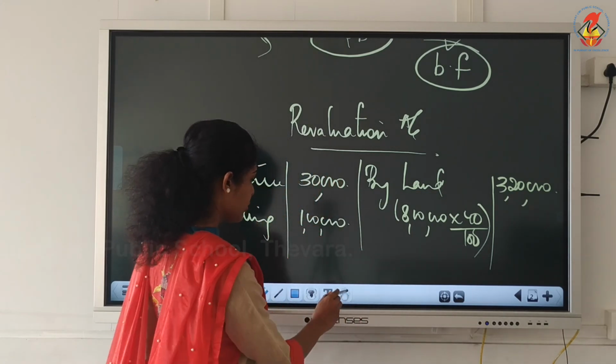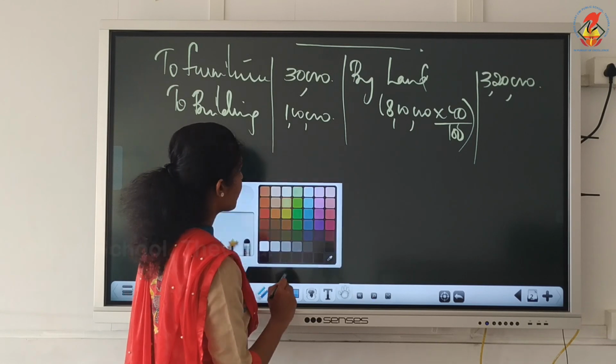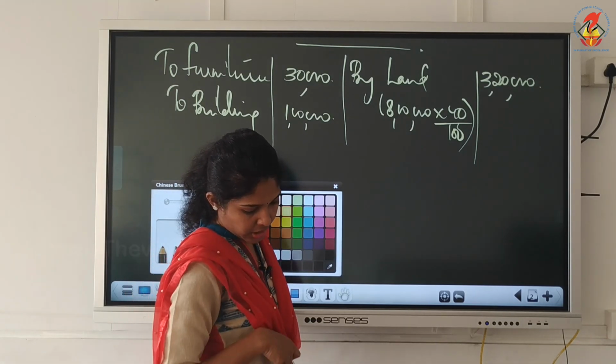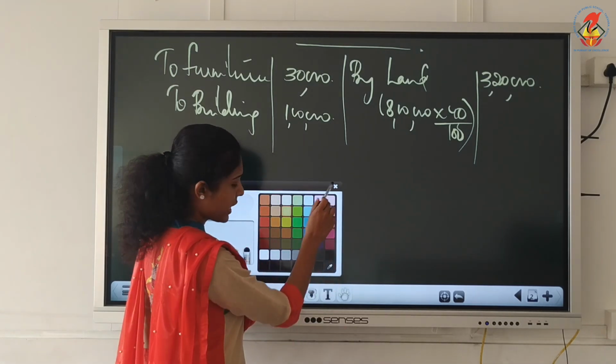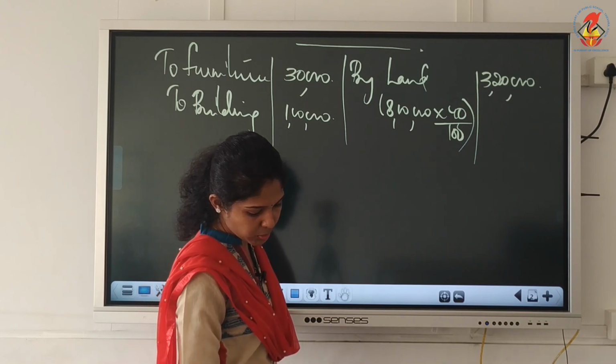Yes, now your revaluation is over. You can just find the balancing figure. So here it is a gain on revaluation which we can distribute among partners.